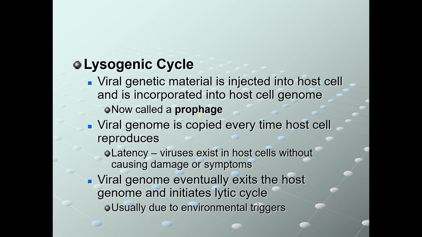So essentially, the viral DNA is just kind of hiding inside of the bacteria. It's not hurting it. It's not making new viruses yet. It's just kind of hanging out. And so it has this latent period where the virus is in the cell, but it's not actually damaging or making new viruses or hurting the cell at this point.